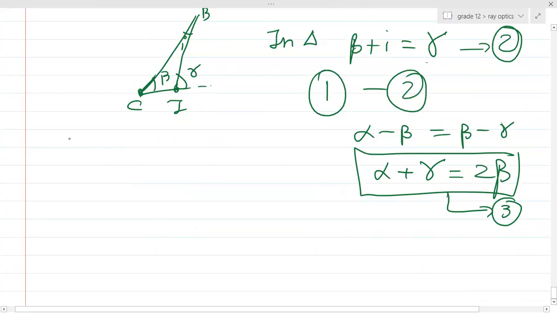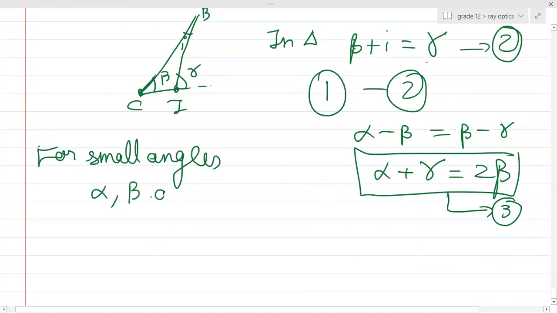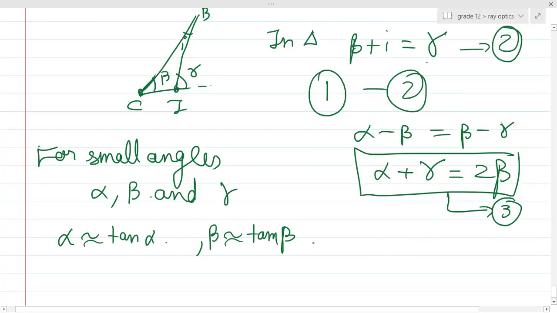Now, since it was a paraxial incidence, we know for small angles alpha, beta, and gamma, I can write alpha approximated to tan alpha, beta approximated to tan beta, and gamma approximated to tan gamma, right?